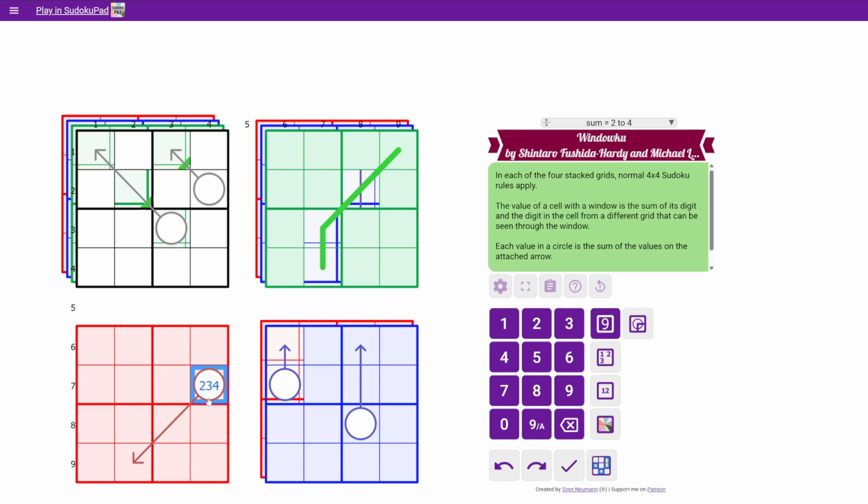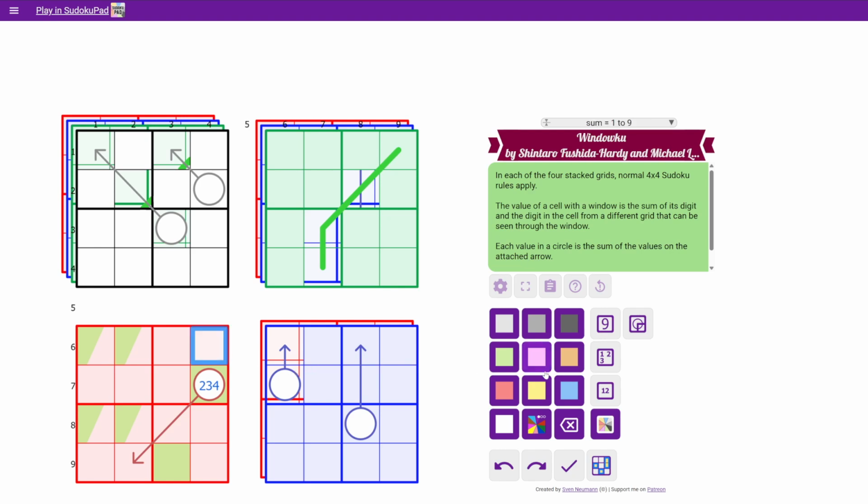Interesting. But it goes right there, doesn't it? Because it cannot appear again on its line. Then it would go here. And then one of those.